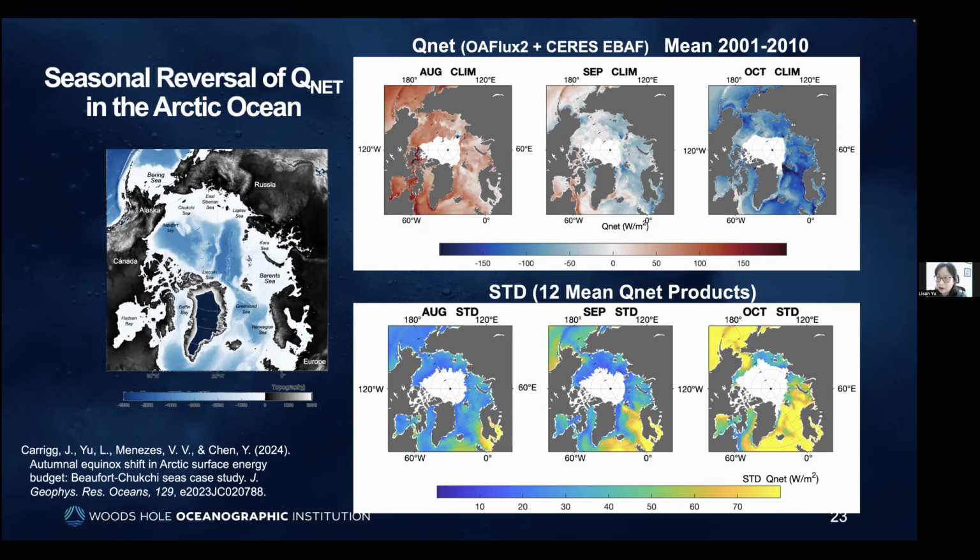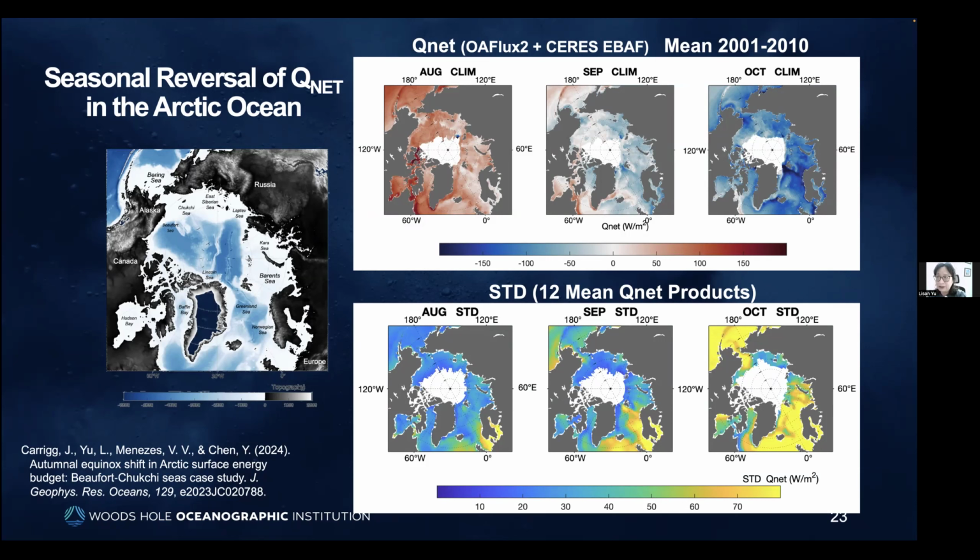On the right, the top row shows QNet from our recent product versus the series EBAF QNet, as a mean of 10 years. And you can see here also the sharp transition in the QNet from August to October, which shows a complete reversal from heat gain in the total Arctic region to heat loss by October.